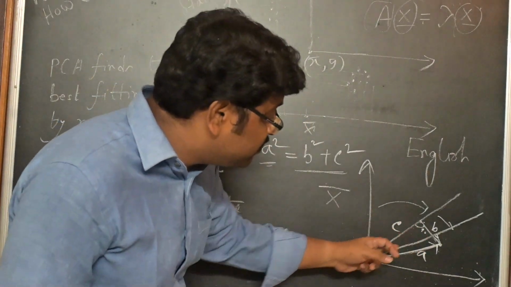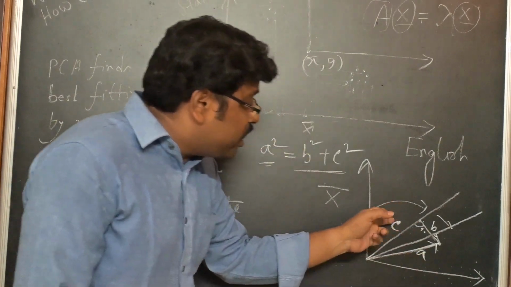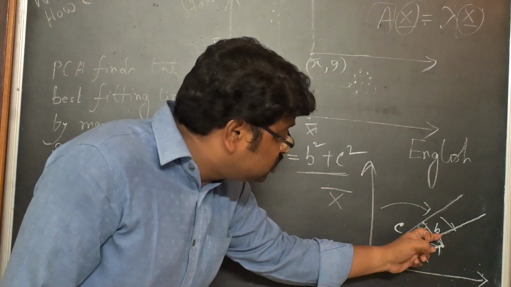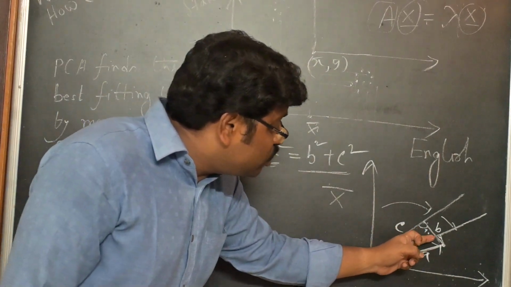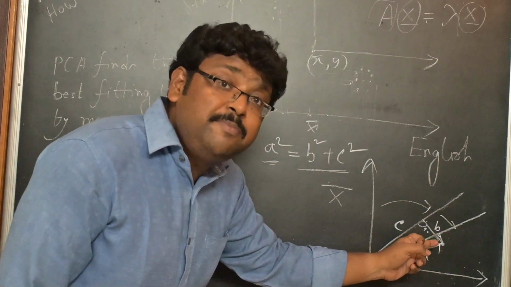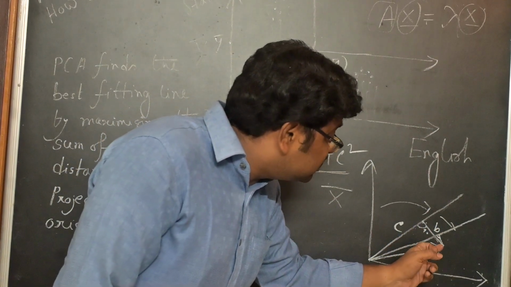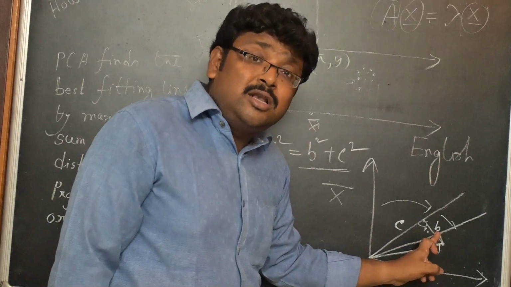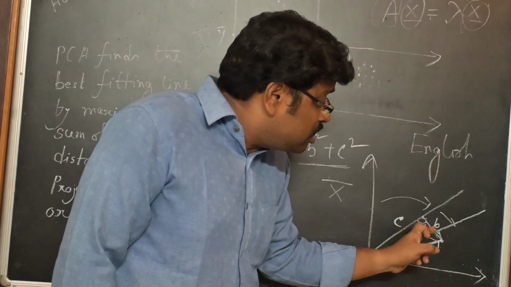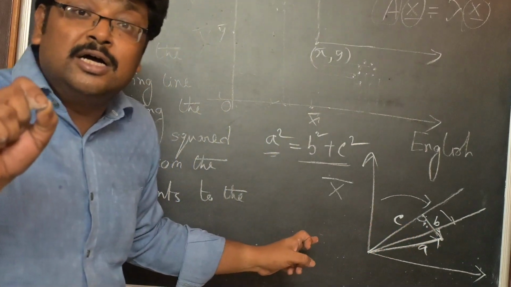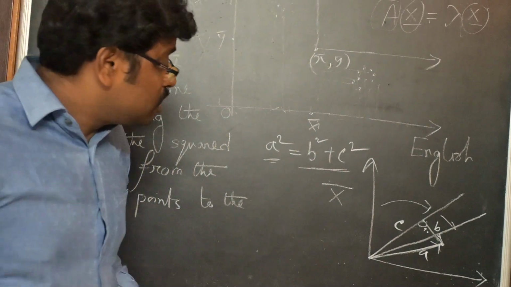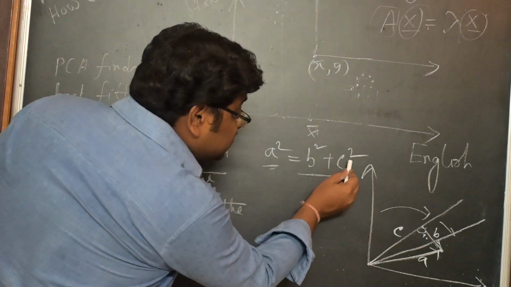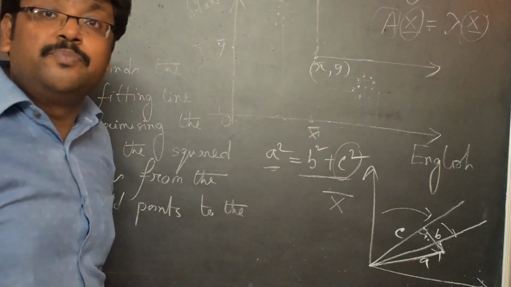It is very clear from here. In this way, the larger c line will have the smaller b. Smaller b means less distance from the point to the line, and that line would be the principal component 1, PC1. So C square should be the maximum.